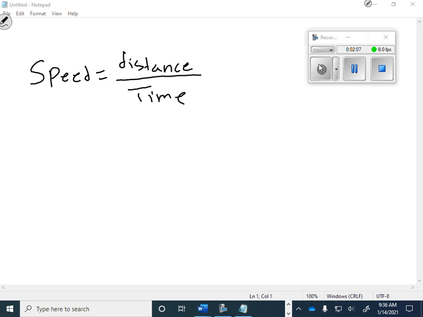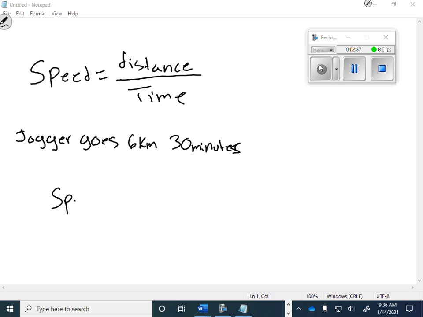So if we had a jogger who goes 6 kilometers in 30 minutes, and we wanted to know kilometers per minute. How many kilometers per minute was he going? That would be his speed.